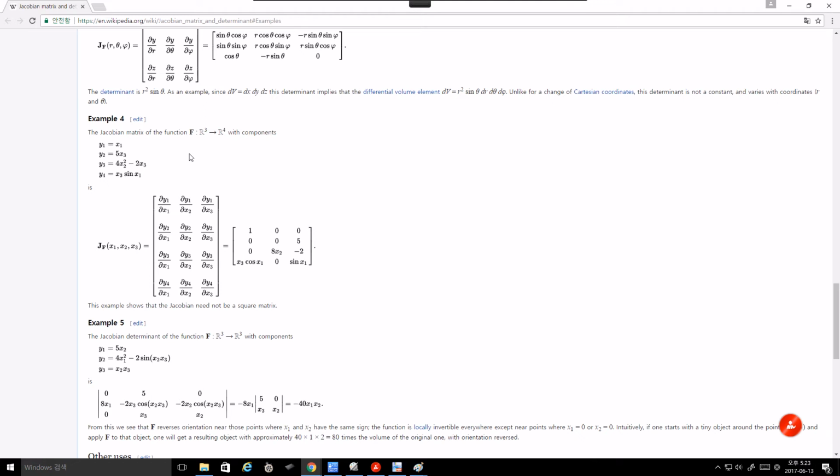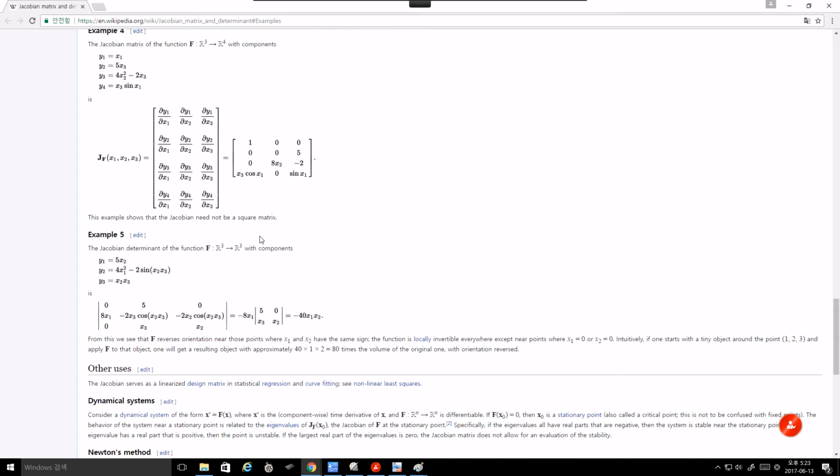Now if you calculate the Jacobian, the first row takes the derivative of all functions with respect to x1, the second row with respect to x2, the third row with respect to x3. If we compute these partial derivatives, we have this matrix.